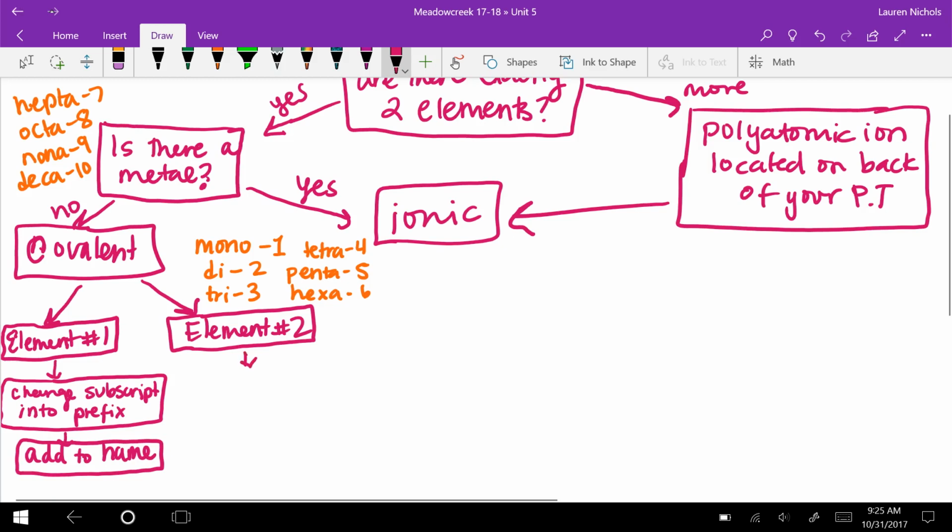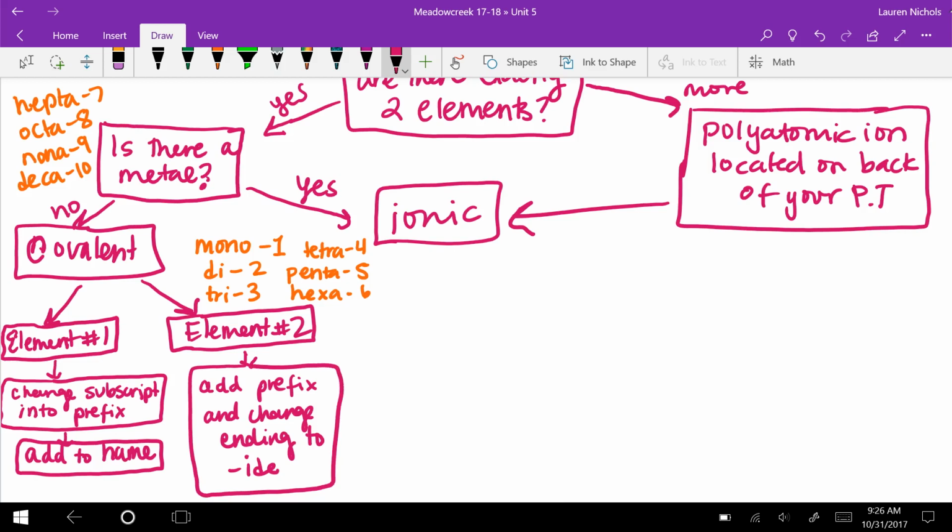Now for element number 2 in a covalent compound, we add our prefix, if appropriate, and change the ending to IDE.